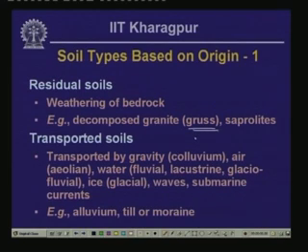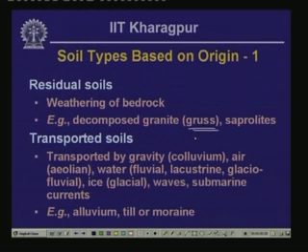Then you could have transported soils, and transportation could be by gravity. If you find a soil deposit that is basically because of gravitational transport, then that is called colluvium. For example, slope failure debris, talus slopes.